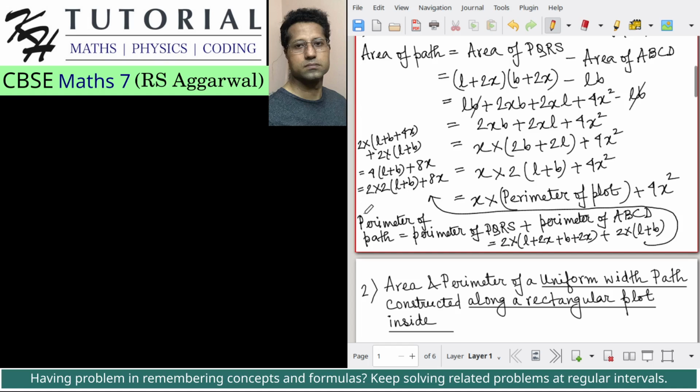So this becomes 2 into perimeter of plot plus 8x.